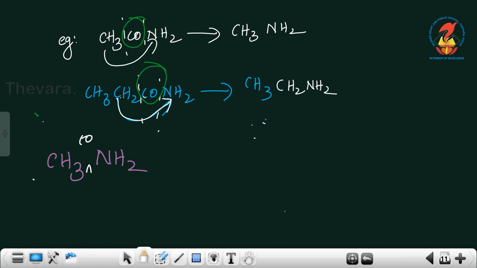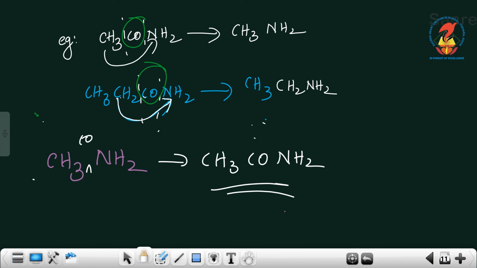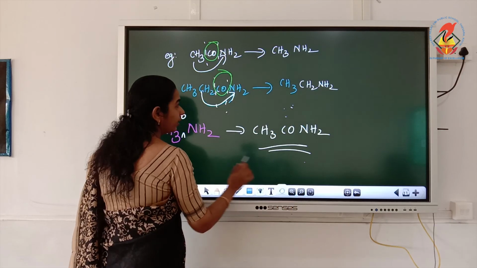So here we need to add one CO. So the amide is CH3CONH2. So very simple, note down.